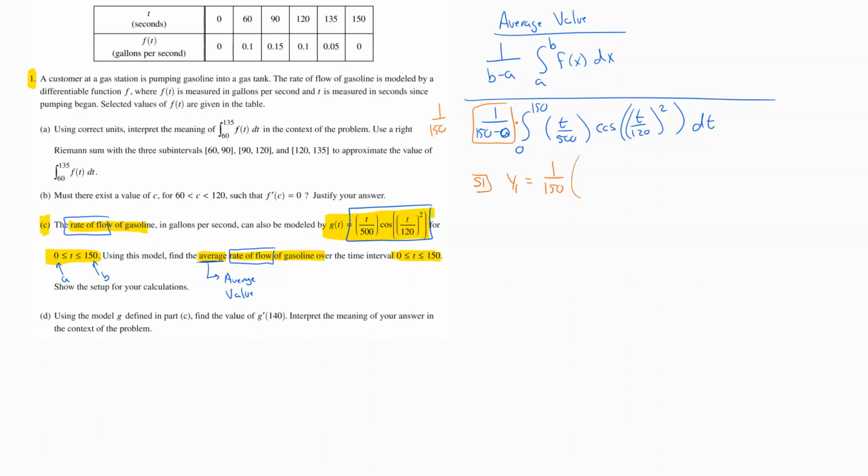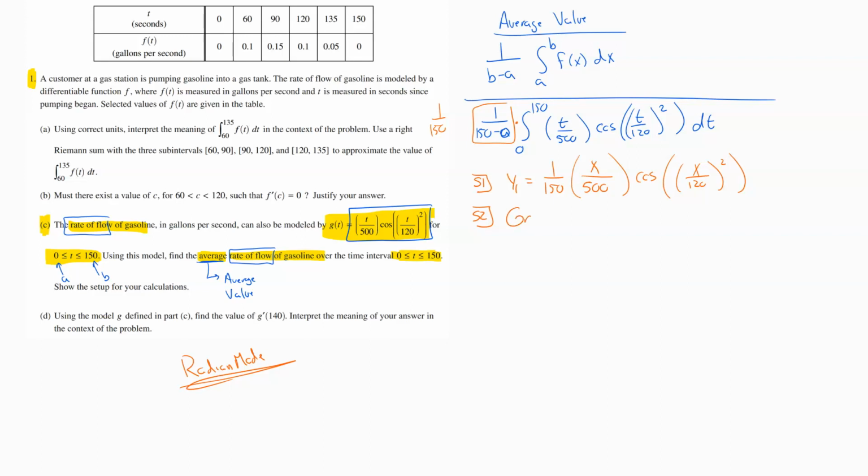Whenever you're entering something into the calculator, just put them in as x's instead of t's. You're going to put this in exactly how it looks, and we don't need a dt. We'll put all that into y1. We're going to graph this thing. Remember, the entire AP test is in radian mode, so make sure you set your calculator to radian mode to start. It's the default setting on your calculator, and unless you get crazy, it shouldn't be anything but radian mode.